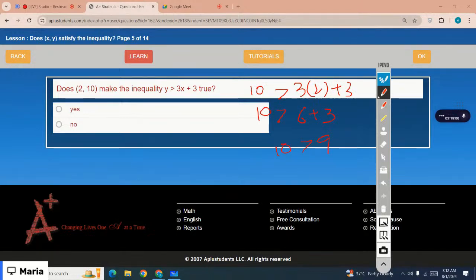So 10 is greater than 9? Yes. The correct option is yes. (2, 10) is a solution of the inequality. The correct option is yes.